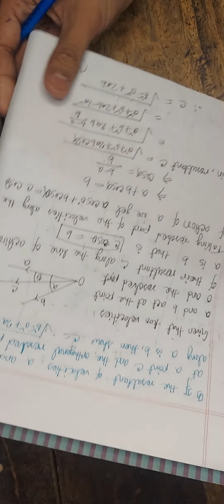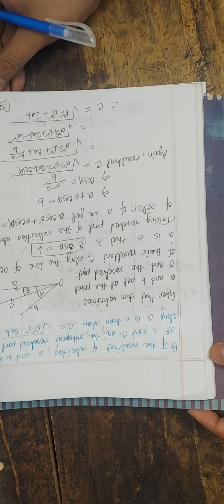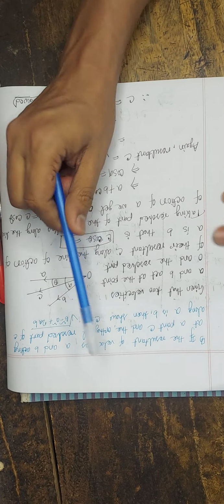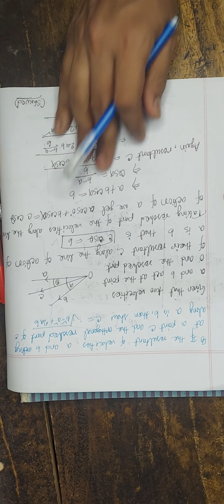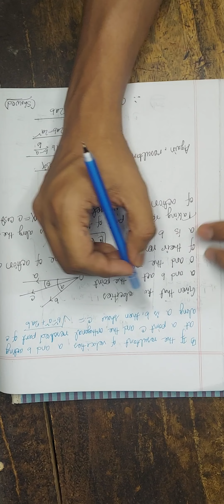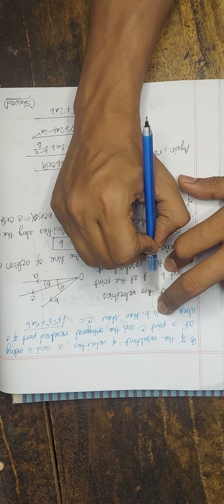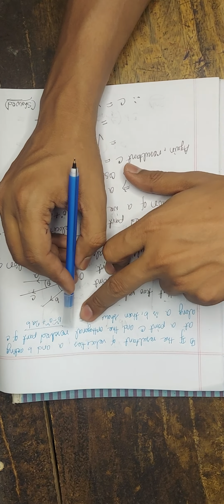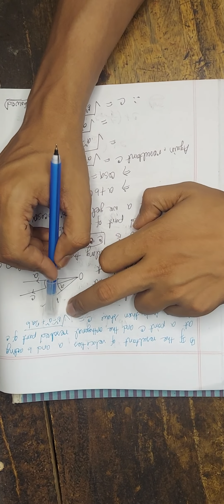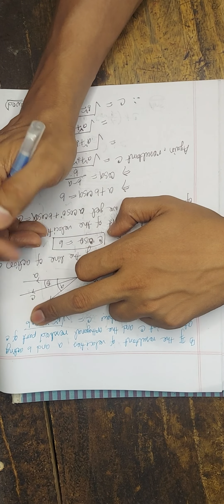Another problem we have here: if the resultant C of velocities A and B acting at a point, and the orthogonal resolved part of C along A is B, then show that C is equal to B root over (B square minus A square plus 2AB).